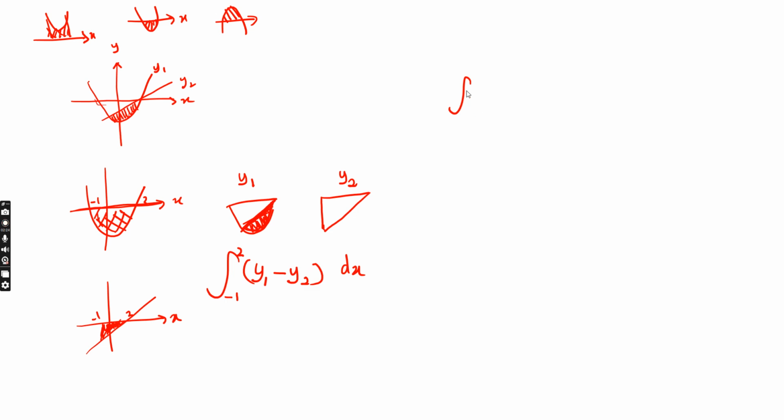Wrong. Should be linear minus 3. Why? Supposedly y1 minus y2.